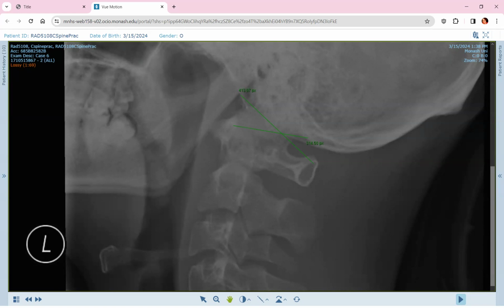Normally, when you look at the Powers ratio, a ratio that is greater than 1 would be suggestive of craniocervical instability, which is suggested in this case. However, it's really tricky to measure on plain X-rays because it's difficult for the measurements to be done, and much better is to do it on a CT image.